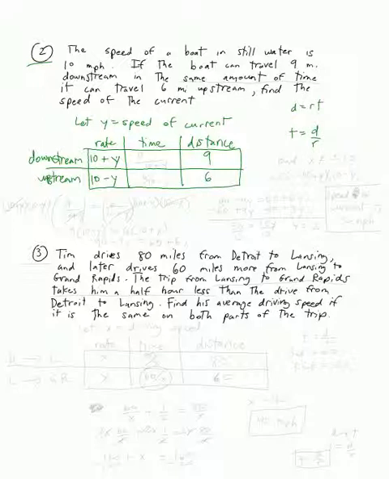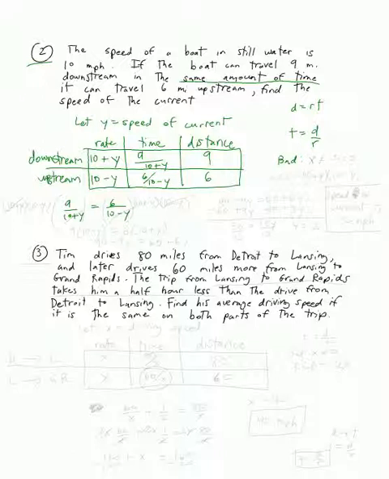Okay? So, the distance over the rate and the distance over the rate. Now, it says in the same amount of time. Let's not forget that sentence. So we're going to write 9 over 10 plus y equals 6 over 10 minus y.